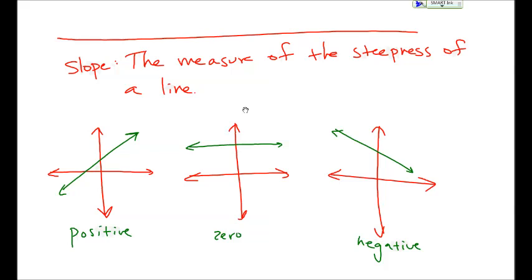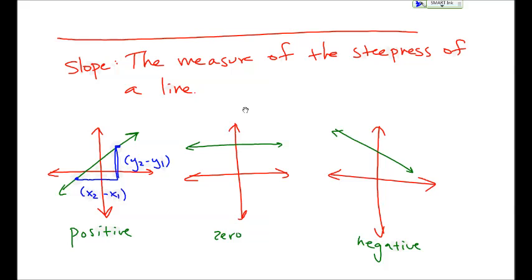Now let me remind you that to be more precise, to quantify how steep a line is, we pick 2 points on the line. And we look at the change, the vertical change and the horizontal change, just like we did for distance. And this distance, again, is y2 minus y1, just like we saw with the Pythagorean Theorem. And this change is x2 minus x1.